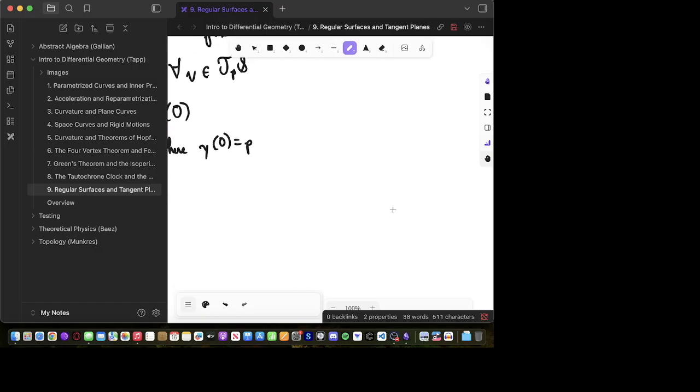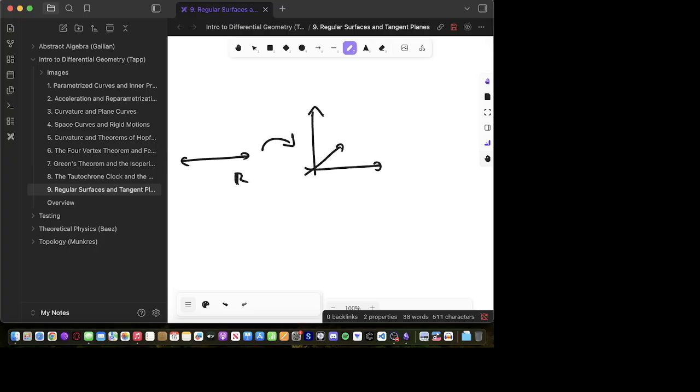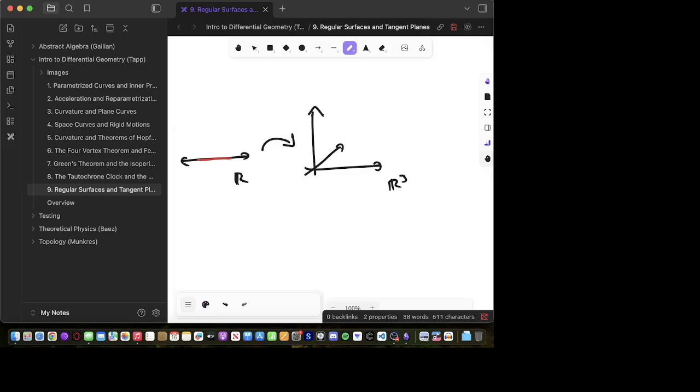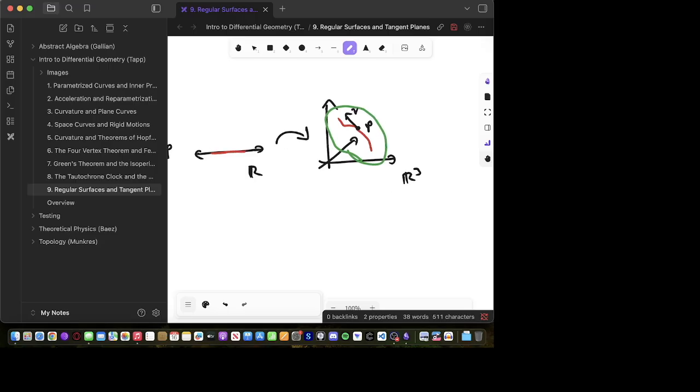Gamma is a regular curve, so we're going from R to R3, and this regular curve is in the surface. And we're given that gamma of 0 is P, and gamma prime of 0 is V.